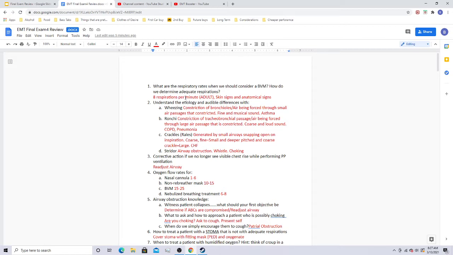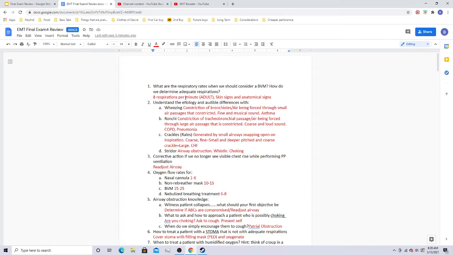Along with the anatomical, if you've got JVD, or any sort of cyanosis, that's where you'll start getting into those anatomical signs.